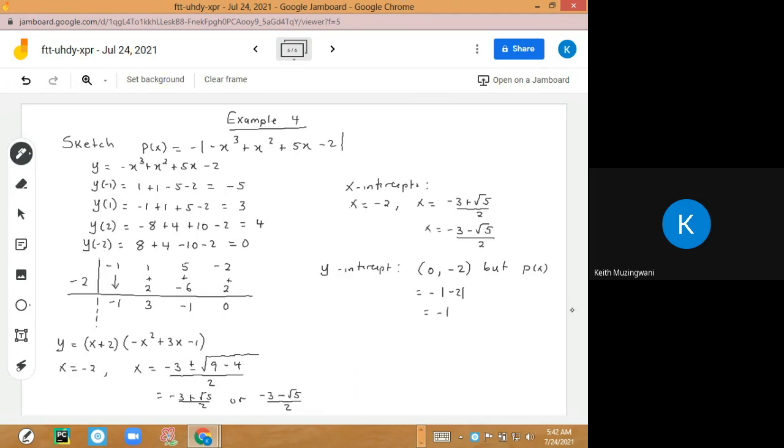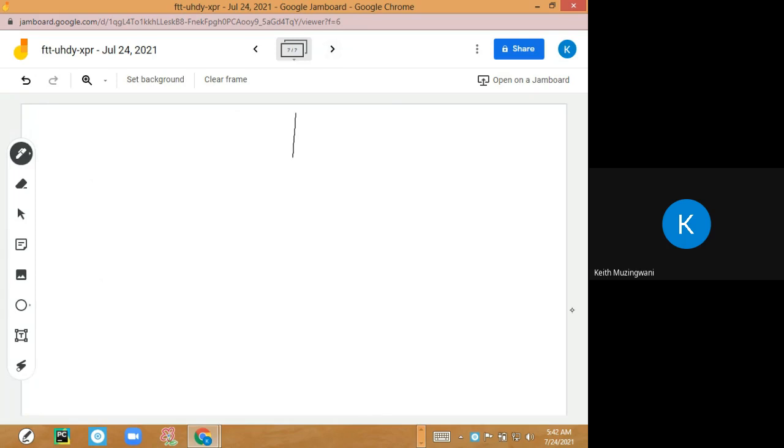So it will come out as 2, which is positive, and then there is a negative outside the modulus. When you get negative 2 in the modulus, it will come out as a positive number, then you meet the negative which is outside. So when we sketch, you must not forget that there's a negative outside the modulus.